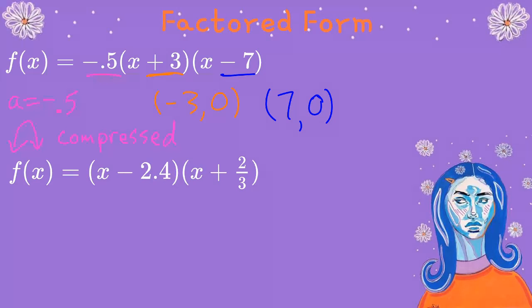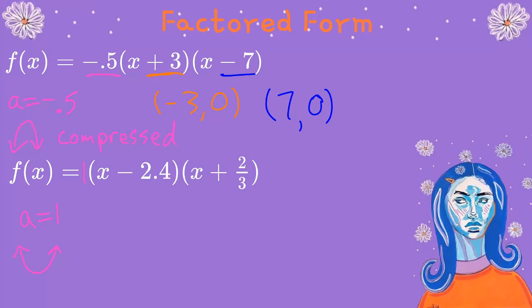On the next one, my a value isn't drawn in there, but it's 1. a is equal to 1. Because a is positive, we know it's going to be opened up. And it's neither compressed nor stretched because it's 1.